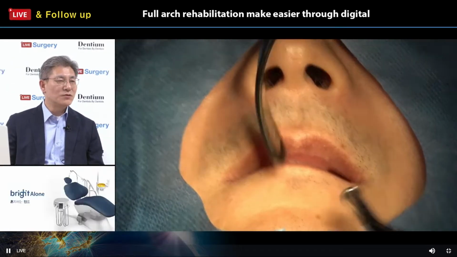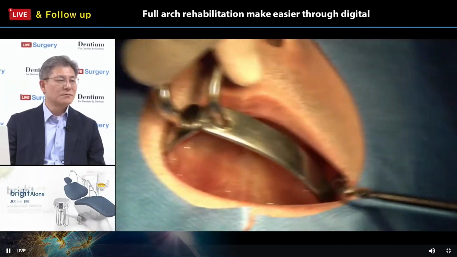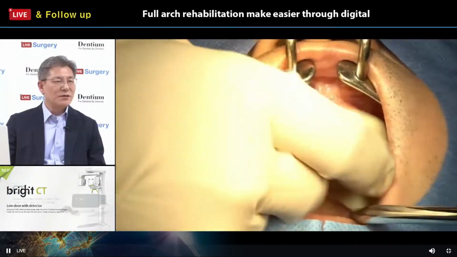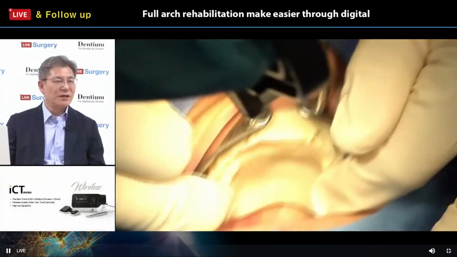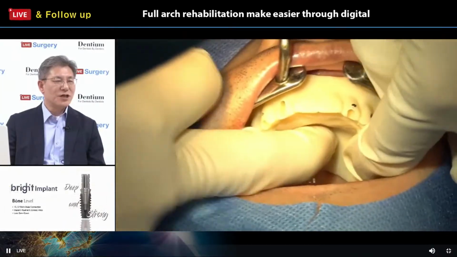Okay, let's move to today's surgery. As I mentioned before, this 3D printed denture is inserted into the patient's mouth and we check it.